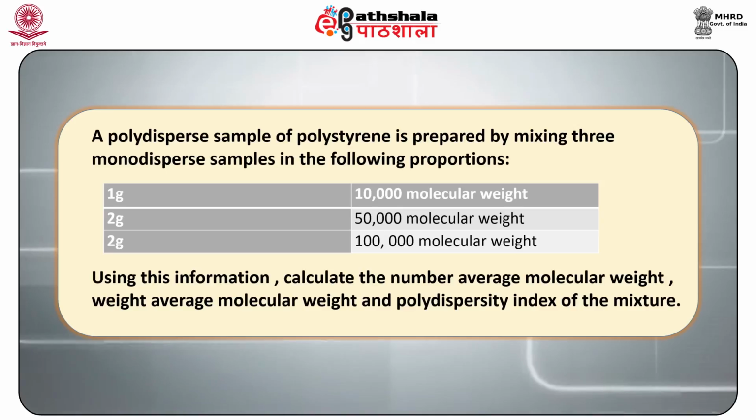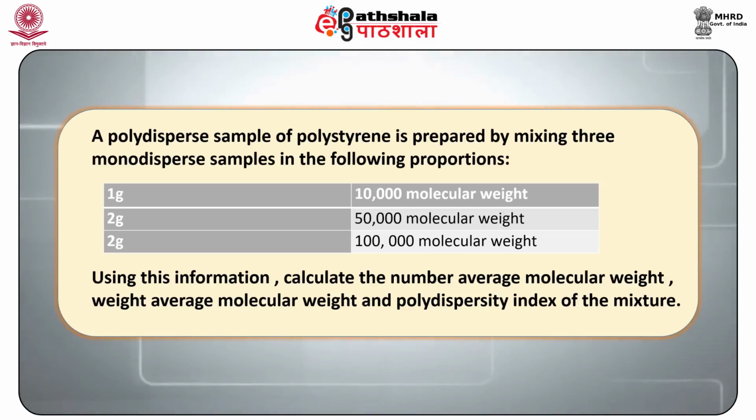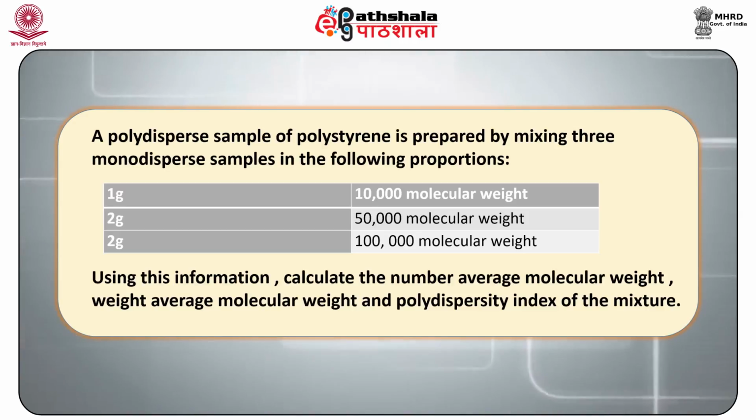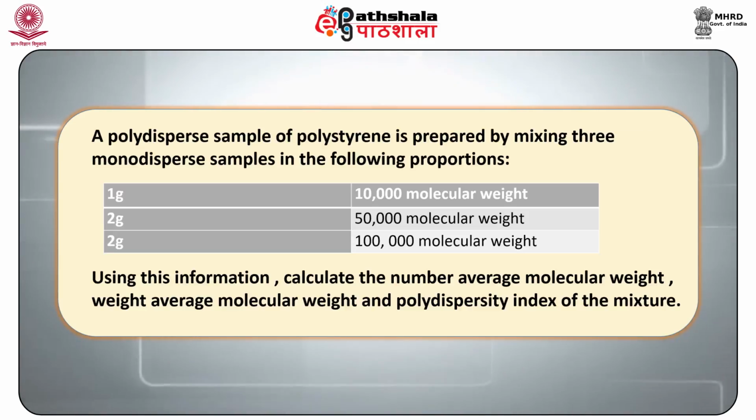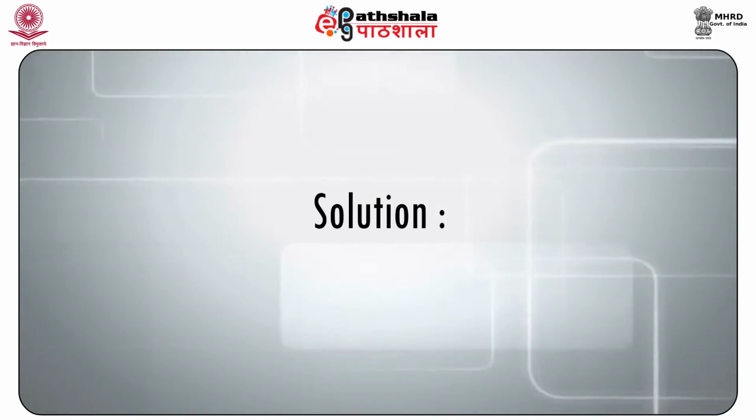Example 2. A polydispersed sample of polystyrene is prepared by mixing 3 monodispersed samples in the following proportions: 1 gram of 10,000 molecular weight, 2 grams of 50,000 molecular weight, 2 grams of 1 lakh molecular weight. Using this information, calculate the number average molecular weight, weight average molecular weight, and the polydispersity index of the mixture. The solution is as follows.